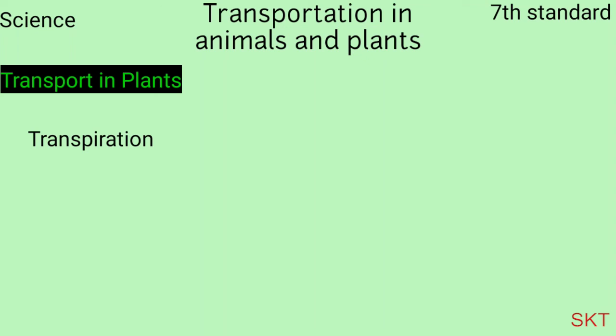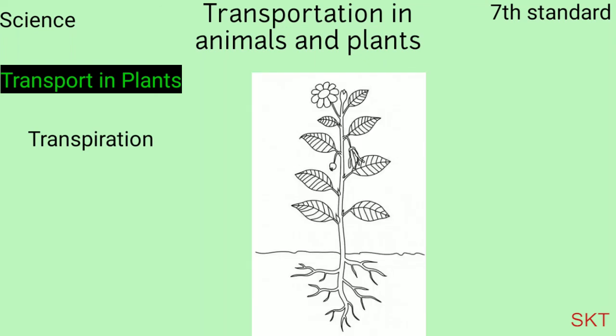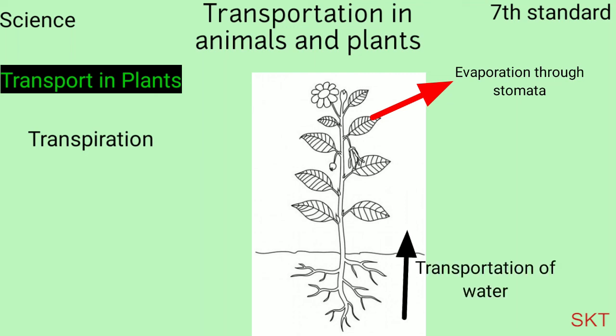This transpiration process not only removes excess water but also gives a suction pull for transportation of water from base to the top. The evaporation of water from leaves generates a suction pull, the same that you produce when you suck water through a straw, which can pull water to great heights in tall trees.